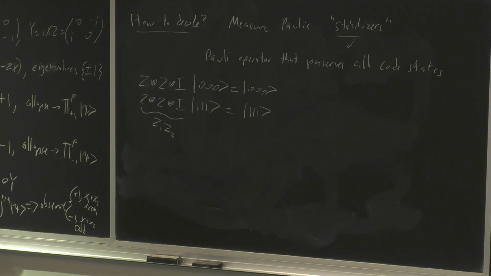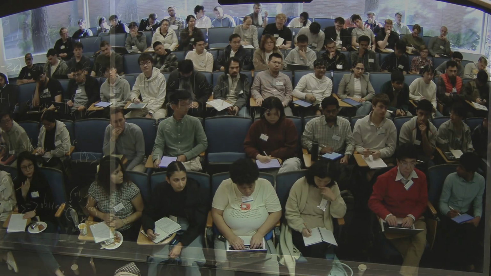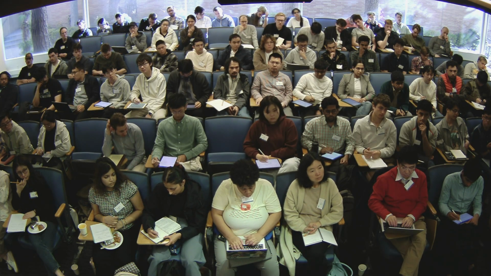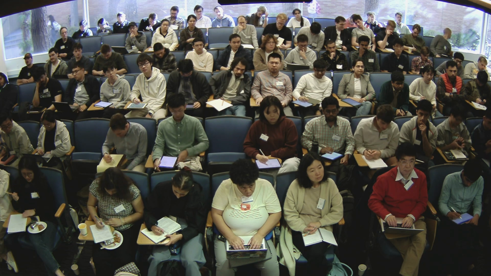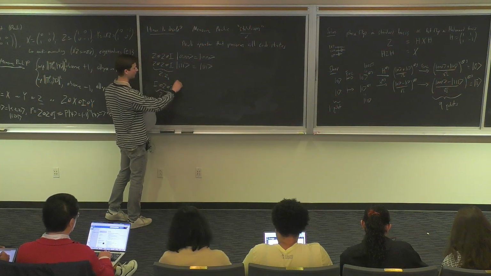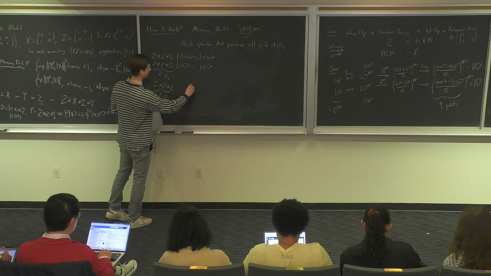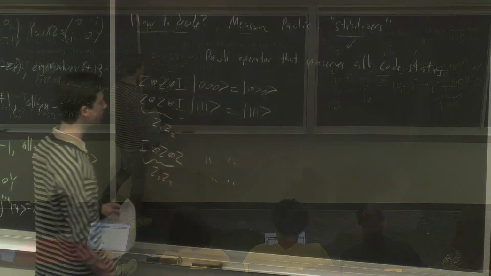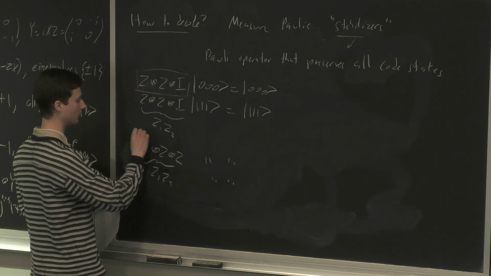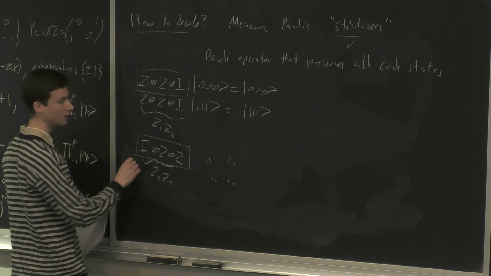Z2, Z3. Sorry? I mean, you detected the first two, the other two like Z2, Z3. Yes. Great. So I tensor Z tensor Z, which we'll call Z2, Z3, also has this property. So we have two stabilizers.